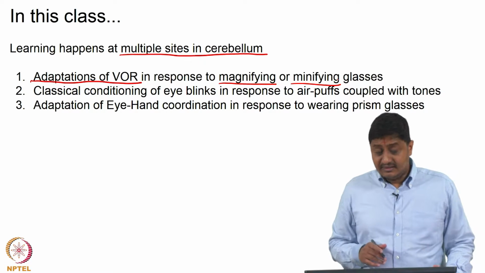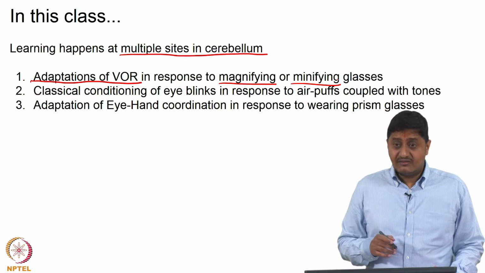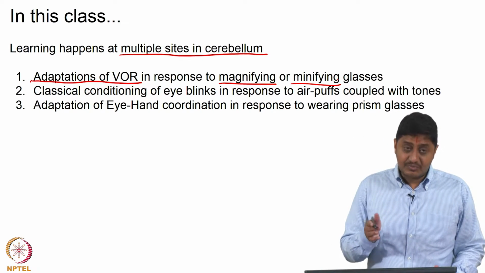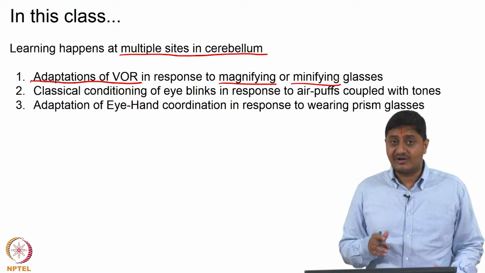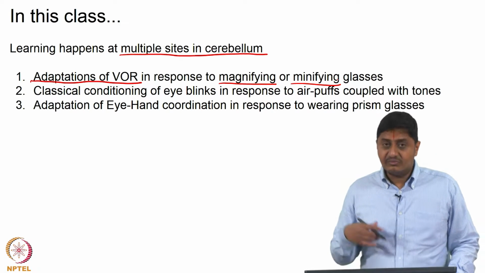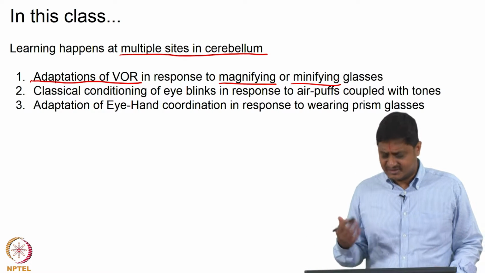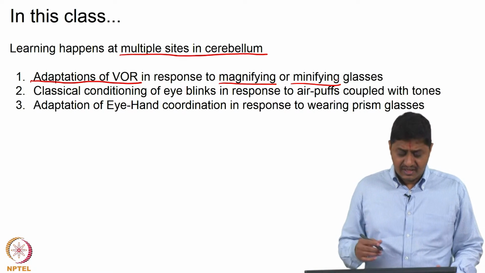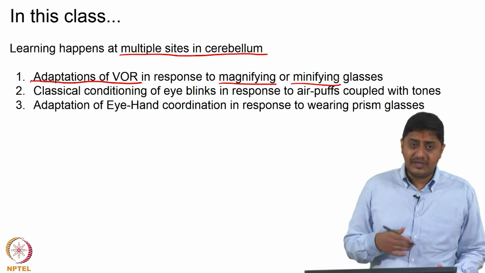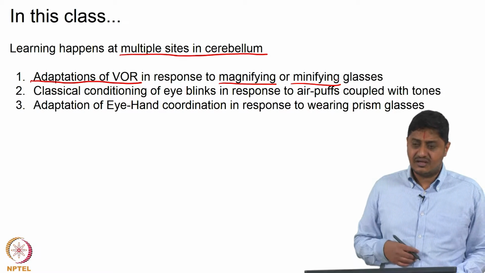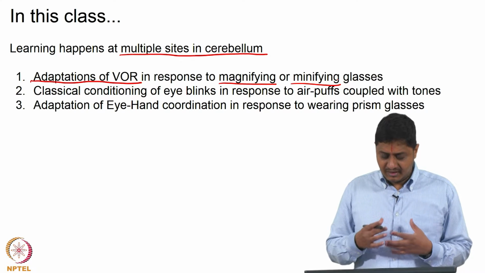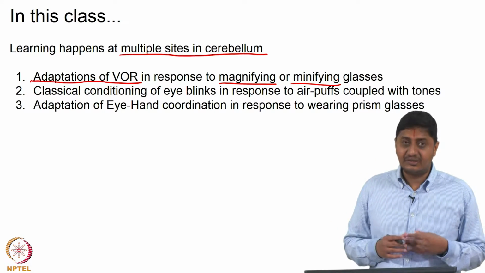So, in those cases the vestibulo-ocular reflex or the response will be different from what is intended. So, when people wear these magnifying or minifying glasses for a few hours, in some cases a few days, there is adaptation of this response, or a proper response is learnt by the system.